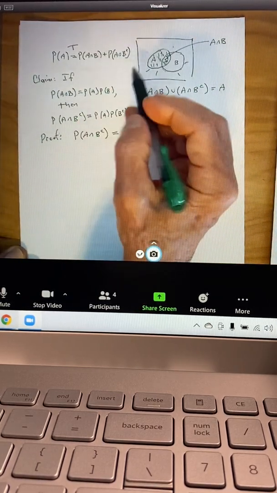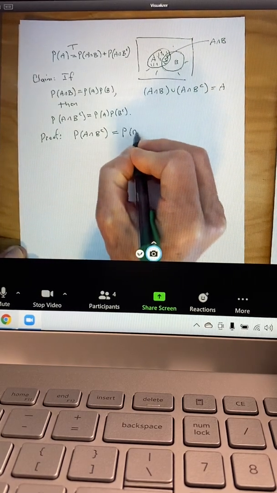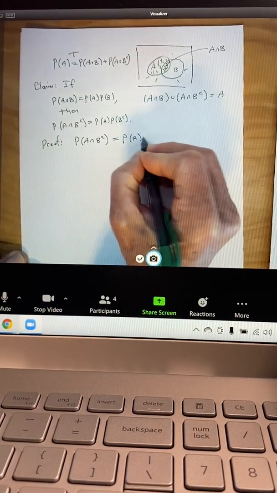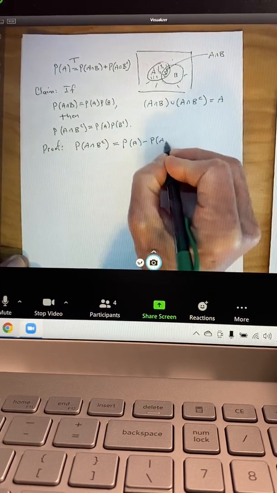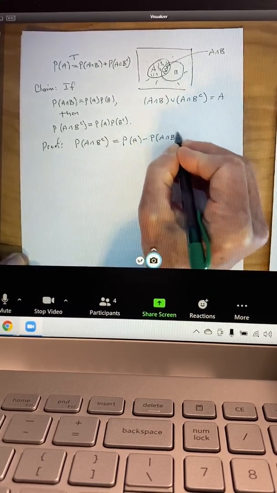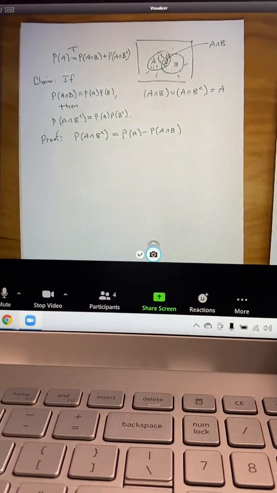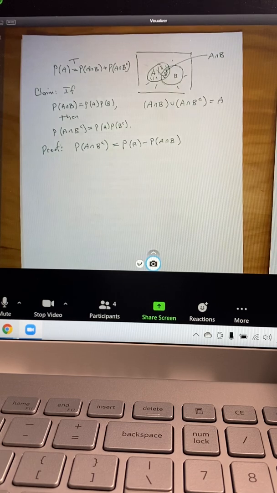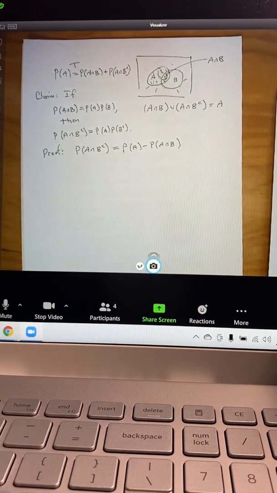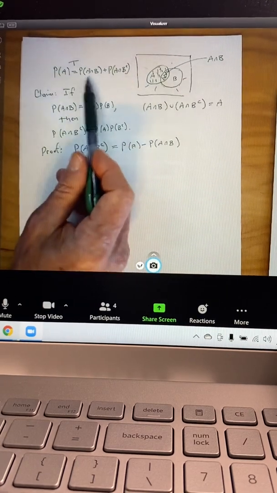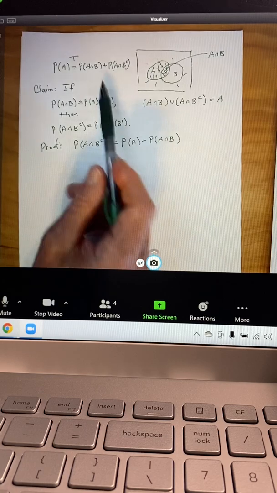So that means this is equal to the probability of A minus the probability of A intersect B, right? Yeah. Okay, I see what you did. Right, I just subtracted this from both sides up here, and found out what this is equal to in terms of these terms.